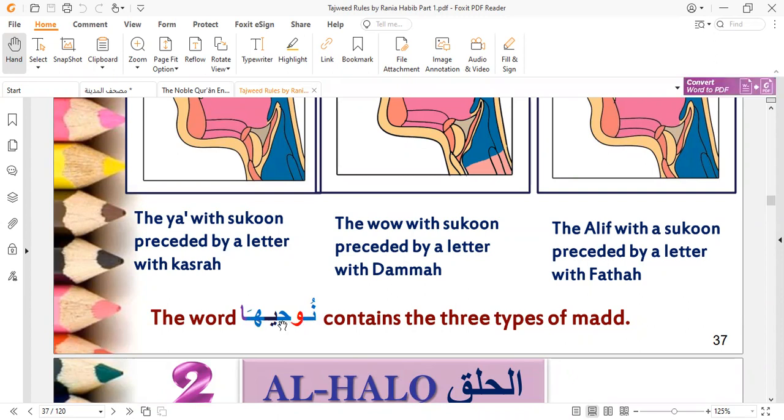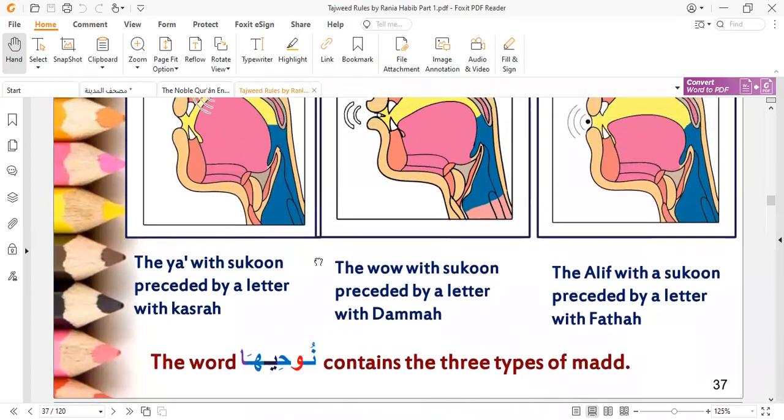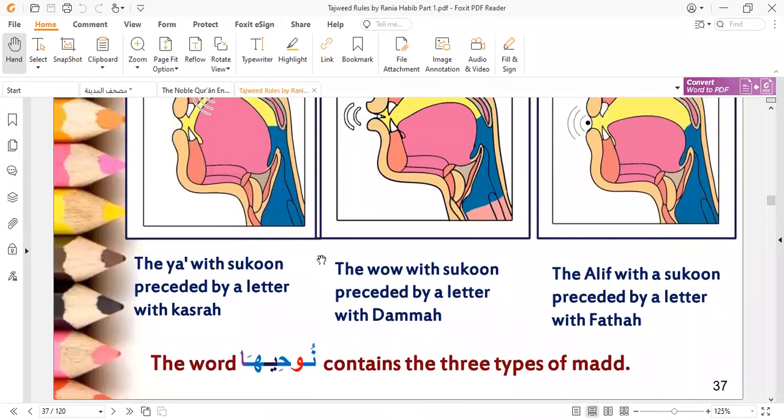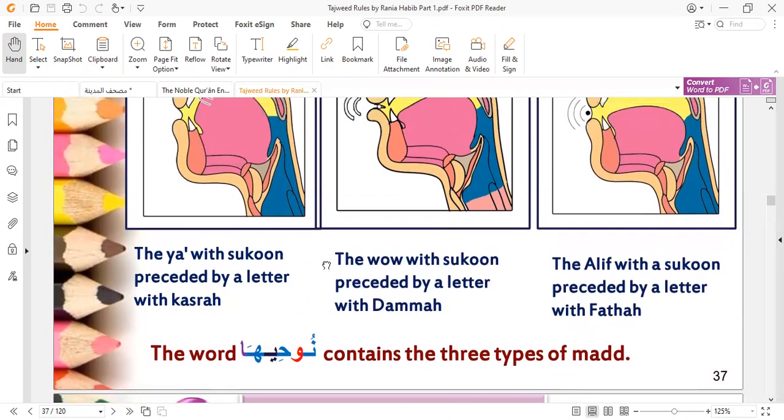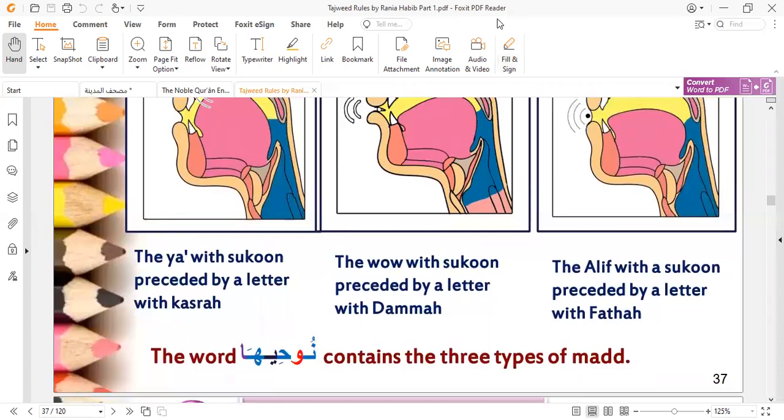So the word نوحيها contains the three mad letters. Now we have talked about الجوف, which is the first articulation area. Inshallah, in the following class we will start the next articulation area, which is الحلق or the throat. Thank you. Assalamu alaikum wa rahmatullahi wa barakatuh.